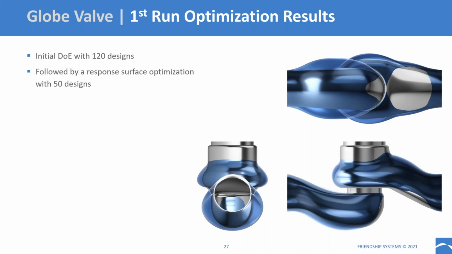Based on this database that we generated with the DOE, we generated a so-called response surface, which is a surrogate model that allows us to interpolate the result within our design space.